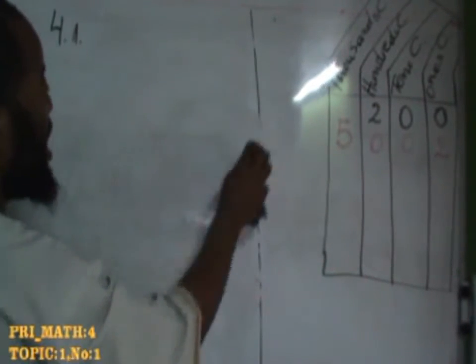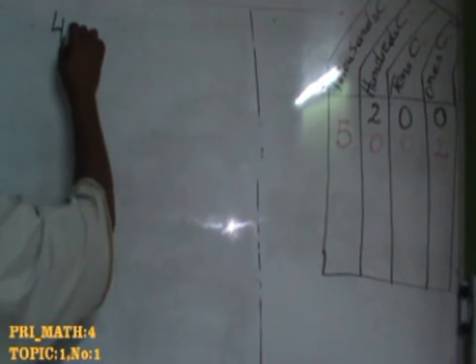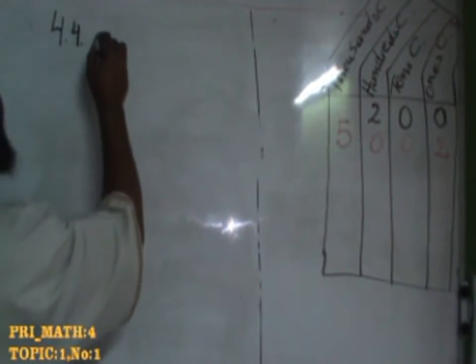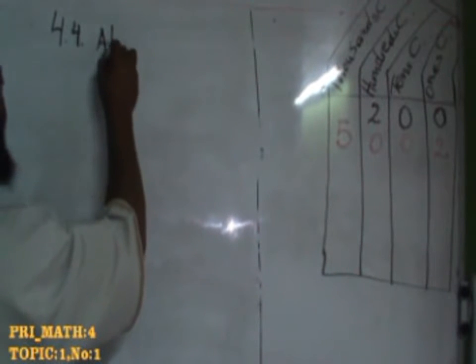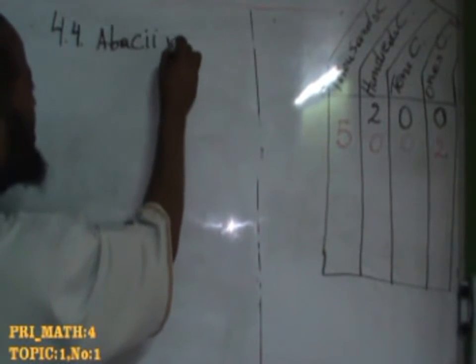The last one in our representation will be called the Abacus representation.